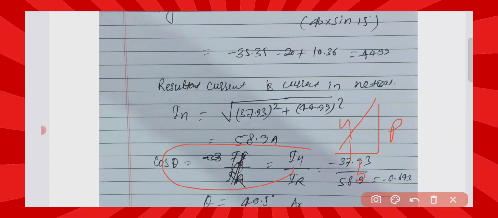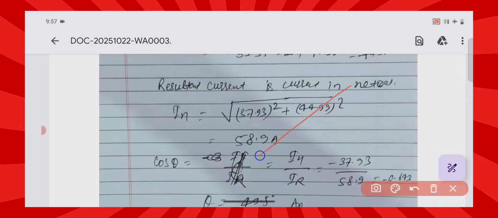So this formula we use, because this is the resultant, this is IH, this is IY. So cos theta is equal to IH divided by the resultant IR. When we calculate, we will get minus 0.643, and when we calculate theta, cos inverse of 0.643, then we will get this angle.